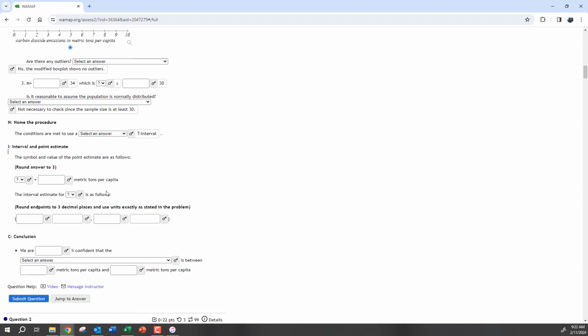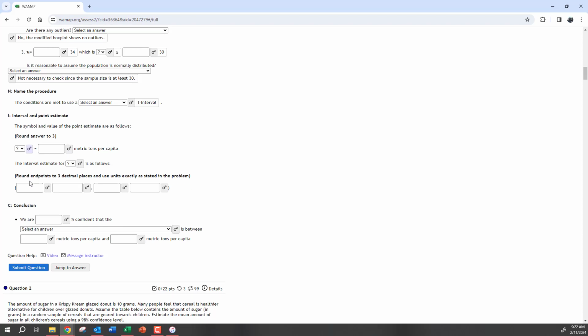So now our interval and our point estimate, so basically now we're going to talk about the symbol and value of the point estimate. Remember, the point estimate is just the piece of data, the statistic that we get from our sample that estimates the thing that we're trying to do in our population, our parameter. Well, we're trying to do the mean.